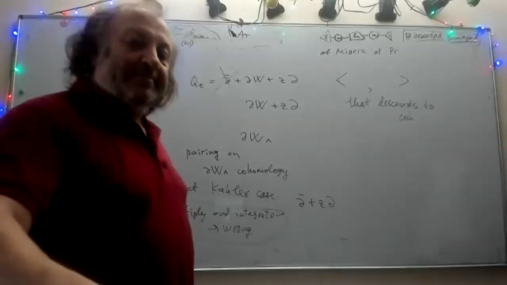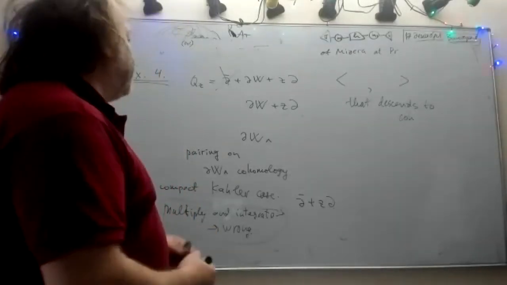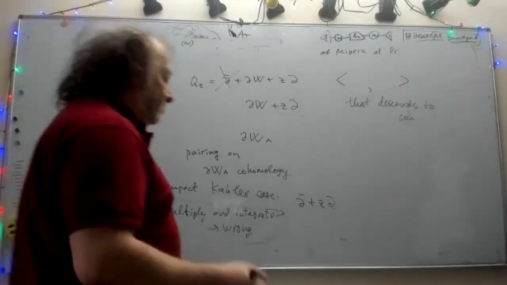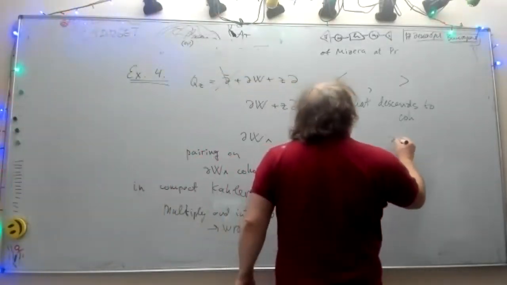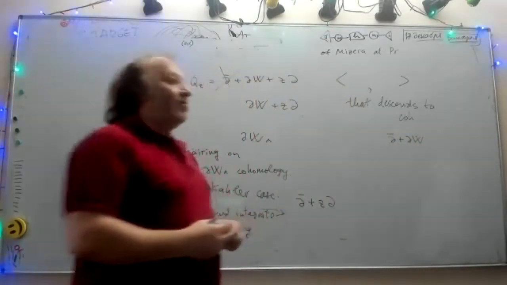You want to have cohomological pairing, okay? And the tricky thing is that when you have d bar plus dW, okay?